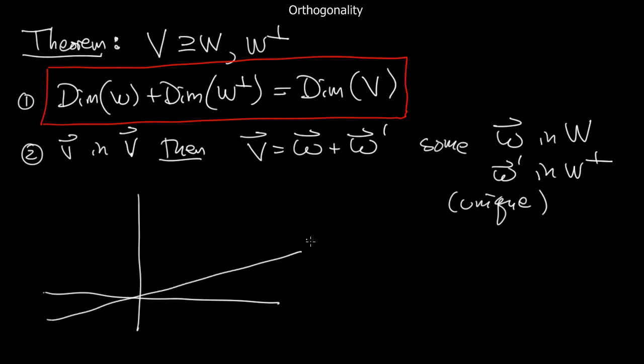And let me just illustrate this with a picture. Here's W and W perp. And if you have any vector, well, you can write it as a vector in W, I'll draw it in red, and a blue vector in W perp.